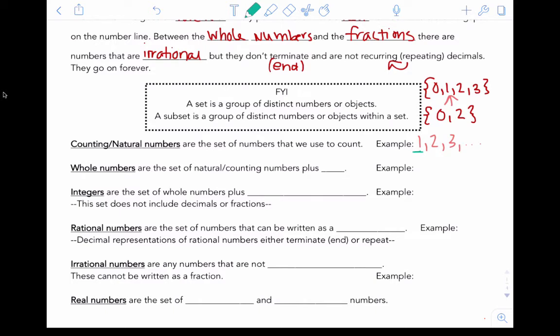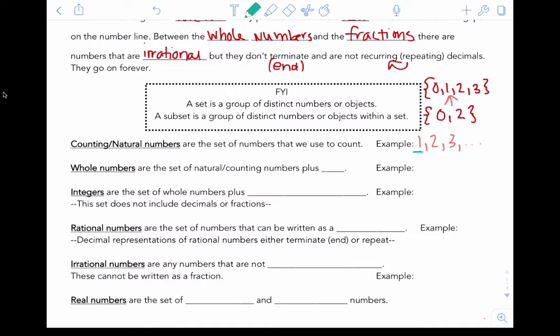This group is not going to include any negatives, and it's not going to include 0, and it's not going to include any fractions or decimals. It is only these positive whole numbers. So that is my smallest set.